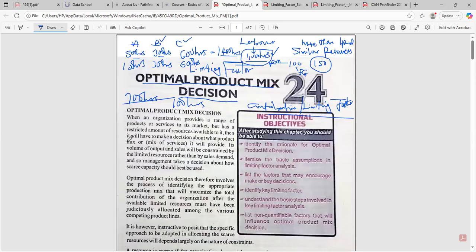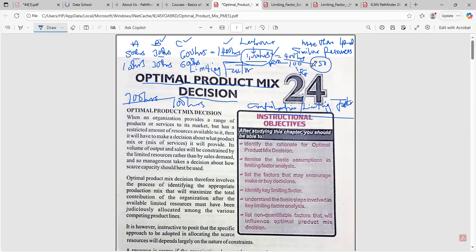We identified that labor is the limiting factor because we have 1,000 labor hours available, but we need 1,400 labor hours for production. Step 2: determine the degree of limitation. 1,400 that we need minus 1,000 that we have. The difference is 400, so labor is limited by 400 hours. That is the degree of limitation.